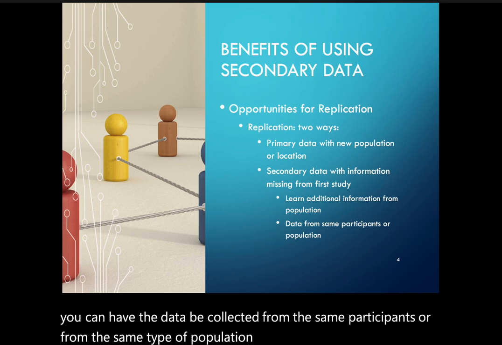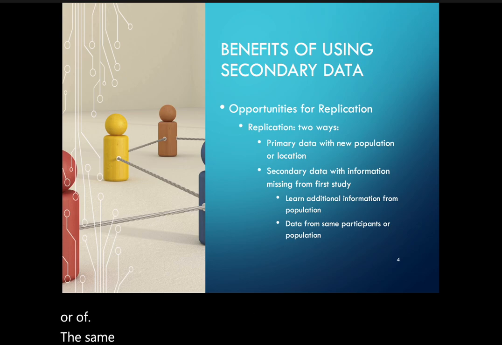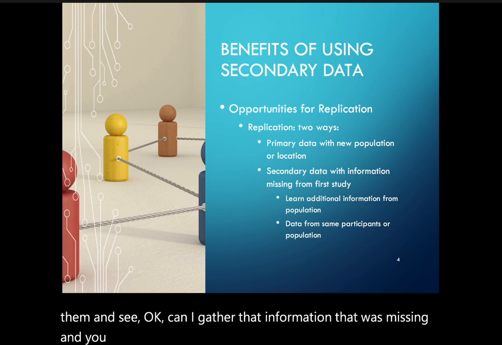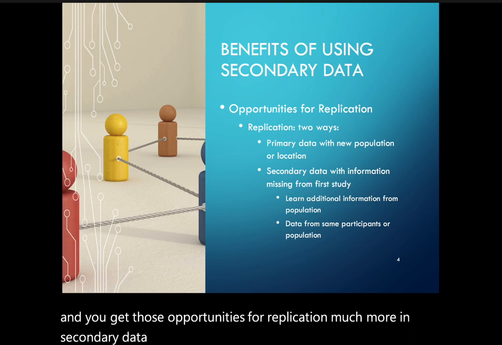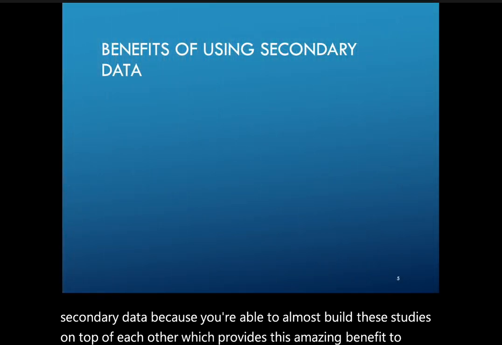So if you don't have access to the exact same participants, you get participants in the same area or of the same age that share some characteristics, and then look at them and see, okay, can I gather that information that was missing? And you get those opportunities for replication much more in secondary data because you're able to almost build these studies on top of each other, which provides this amazing benefit to secondary data studies.